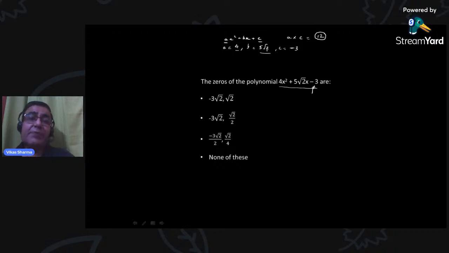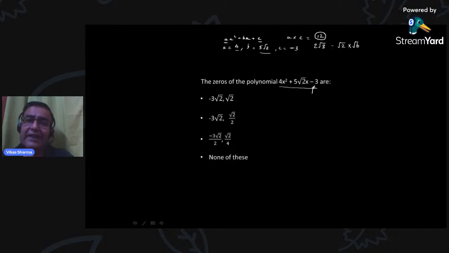So in this case, because I see that b has got 5 root 2 in it, that means a root 2 has to be there in the factors. So what can 12 be written as? It is actually 2 root 3 times 2 root 3, but 2 root 3, again I can write as root 2 times root 6.